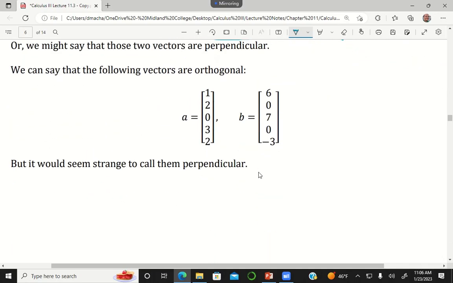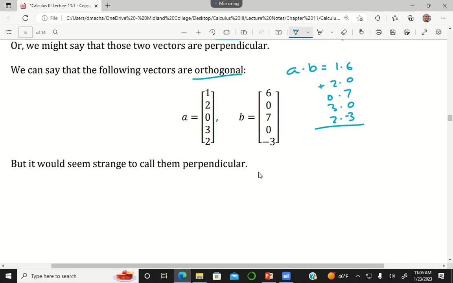Whenever we're talking about higher dimensions like this, where a and b are now 5-dimensional vectors, we can say that these vectors are orthogonal because a dot b would be 1 times 6 plus 2 times 0 plus 0 times 7 plus 3 times 0 plus 2 times negative 3.